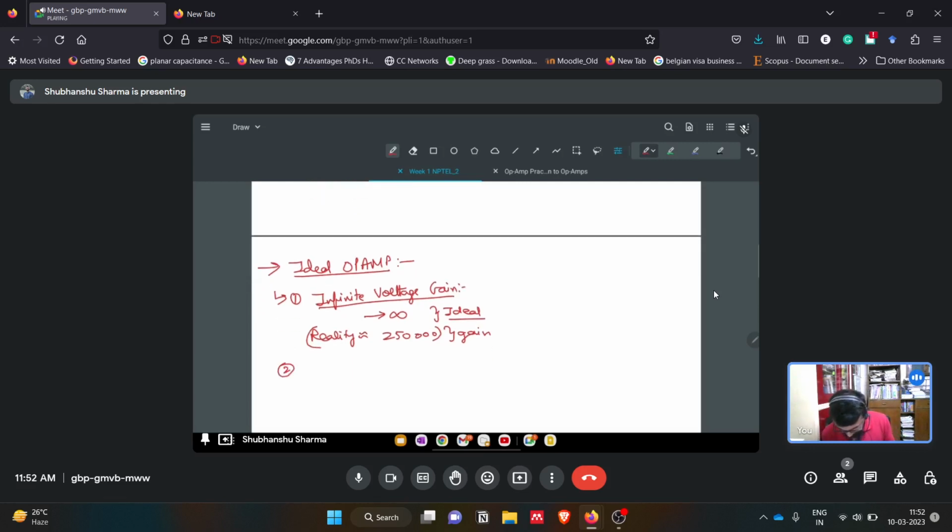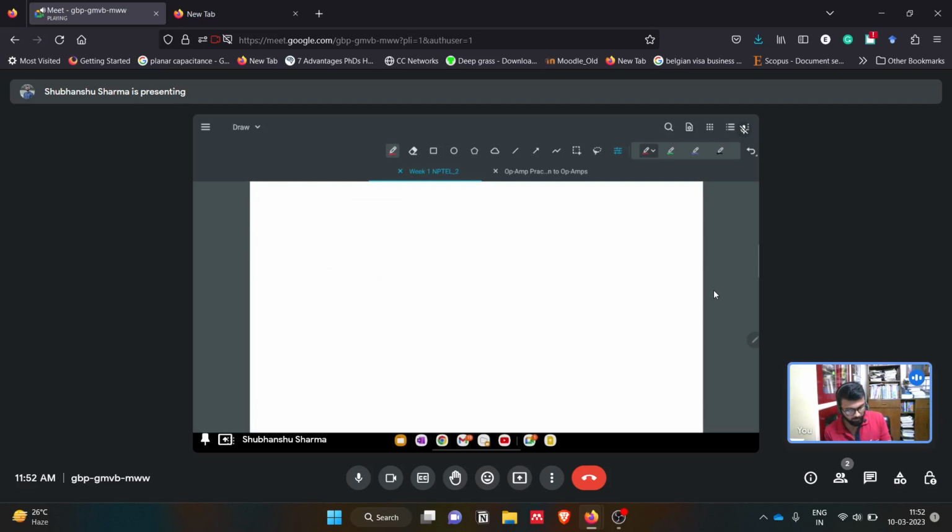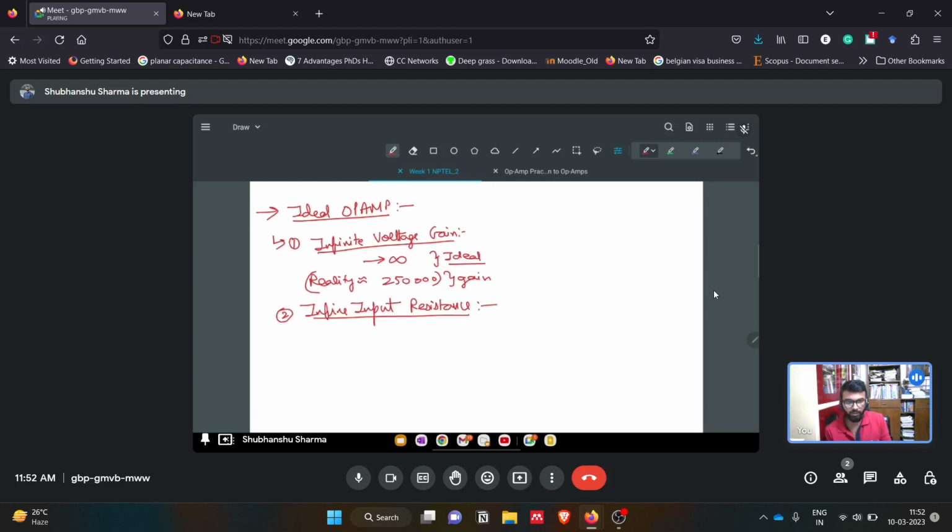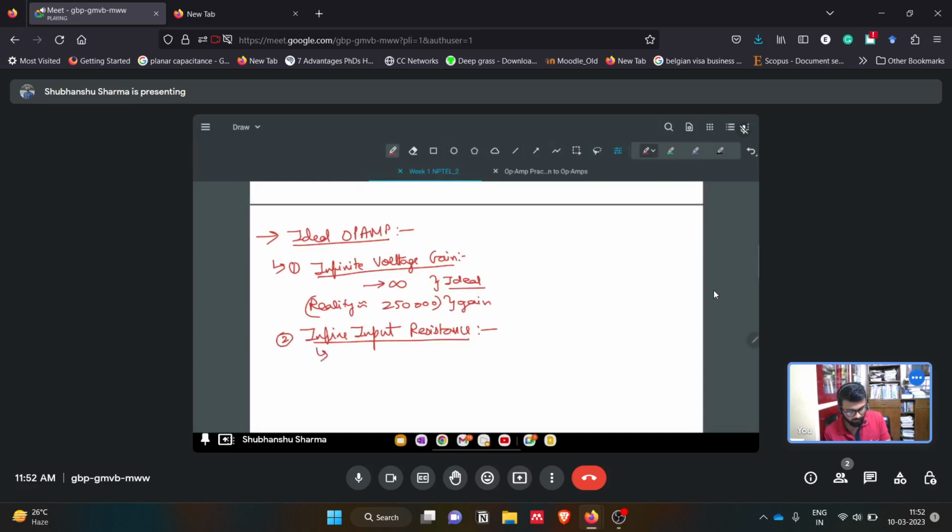Then the second characteristic is infinite input resistance. The op amp should have infinite input resistance, because this will avoid the loading effect. But again, in the real case, this is approximately in the 10 to the 12 ohms range.